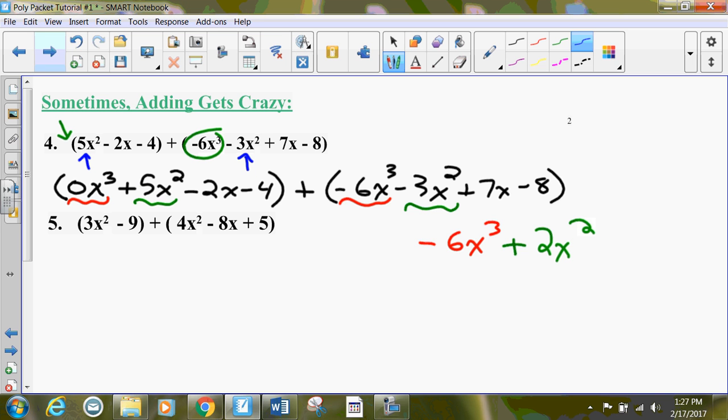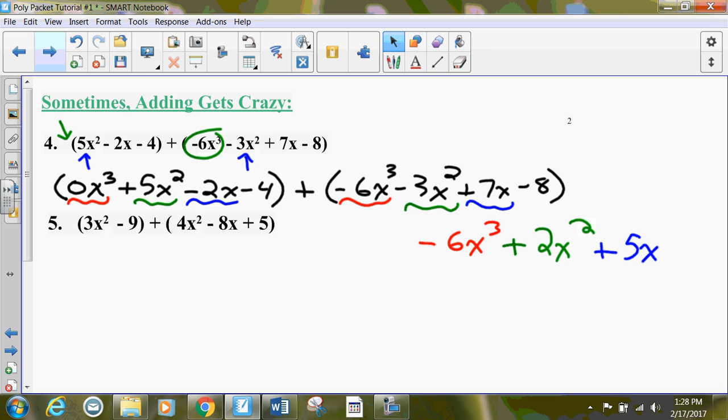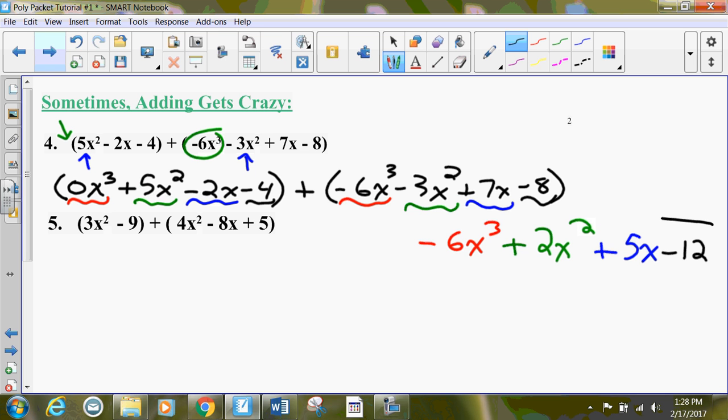Then I'm going to look at the -2x plus the 7x, and that's going to give me a positive 5x. And then the very last one, we've got a -4 minus an 8. So -4 plus -8, same thing, is a -12. So we had to do one little adjustment to make this problem look like the other problems that we've been doing.